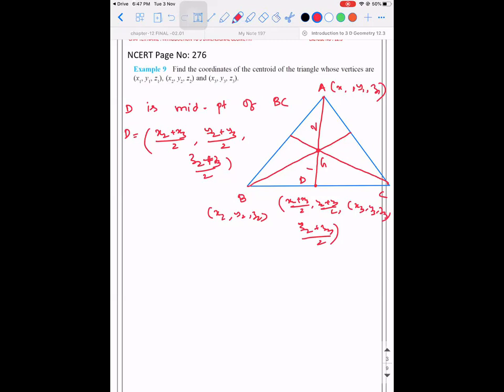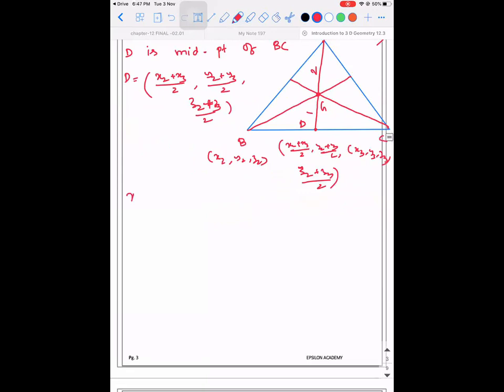Can you guys do it fast and tell me? So x coordinate of G will be 2 into x2 plus x3 by 2 plus 1 into x1 divided by 3.